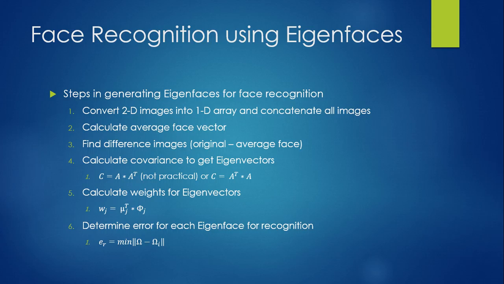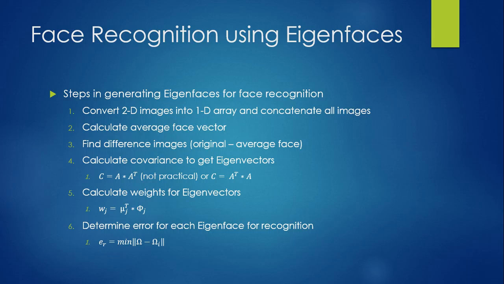We then will create the average face vector for the entire database itself. Essentially, take the average of every pixel at that pixel location, and then determine what the face looks like. We will then calculate the difference images, which will be the original one-dimensional vector subtracted by the average face vector. The reason we do this is to help bring out the features within the face.